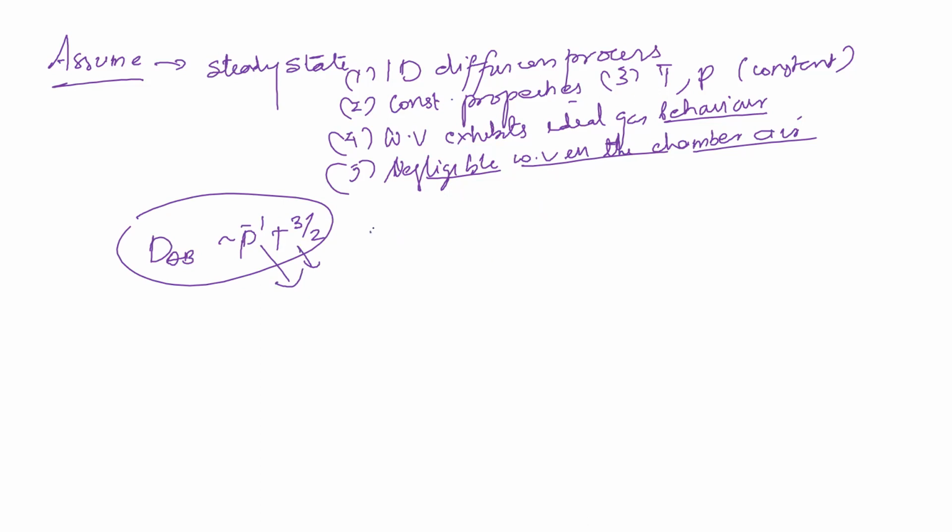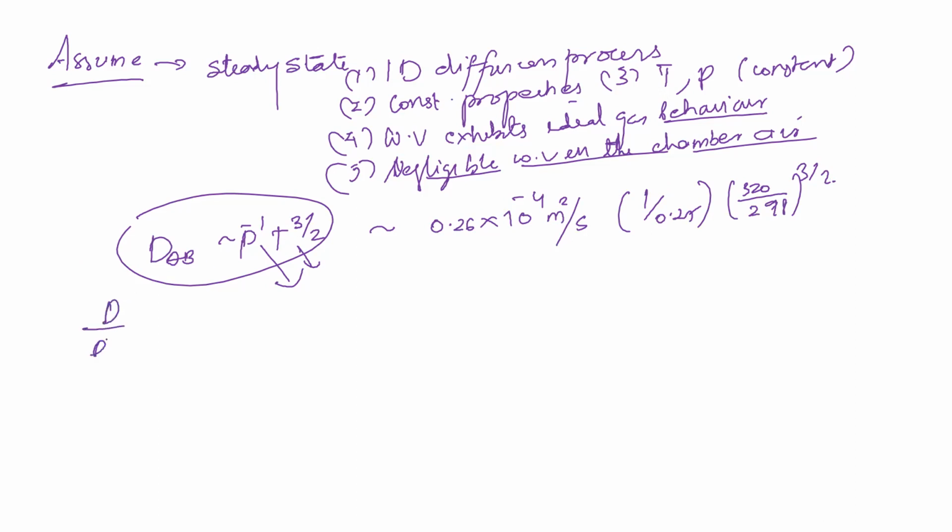So the DAB value can be 0.26 into 10 raised to minus 4 meters square per second into 1 by 0.25 into 320 by 298 raised to 3 by 2, because the ratio is like this. From the standard condition, we can determine the ratio of D by DAB. So we get that value to be 1.157 into 10 raised to minus 4 meters square per second.